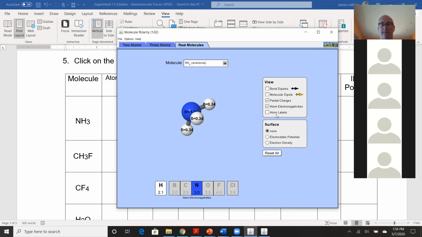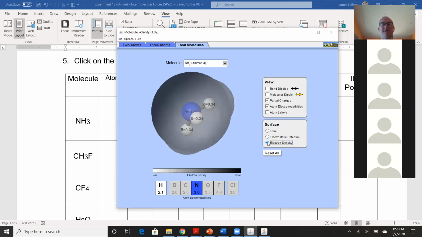So when we look at the electron density, you see there's a big difference from one side to the other. And you can see it even more when we look at the electrostatic potential. The negative side is highly negative and the positive side is highly positive. So this is basically as polar as it gets.